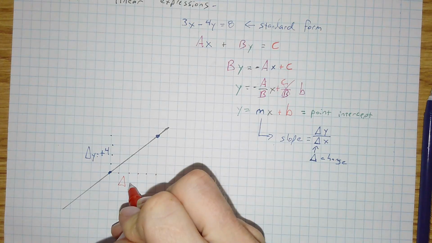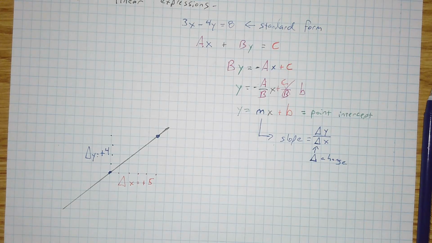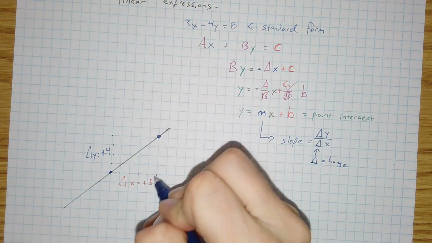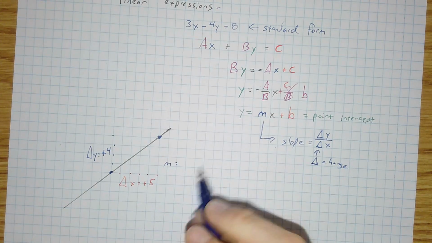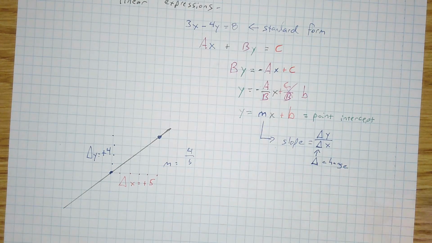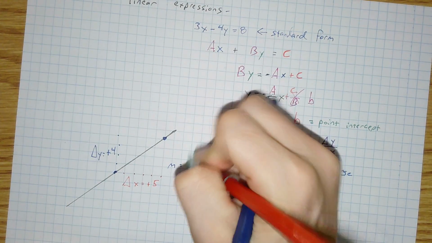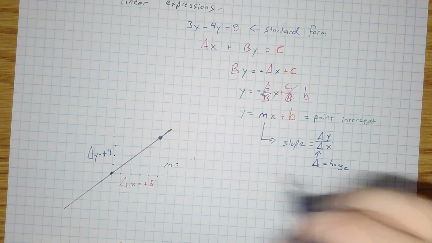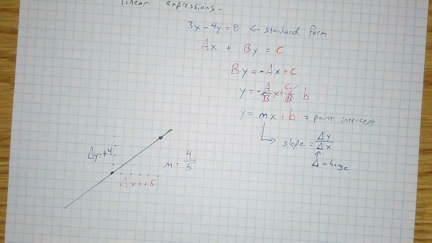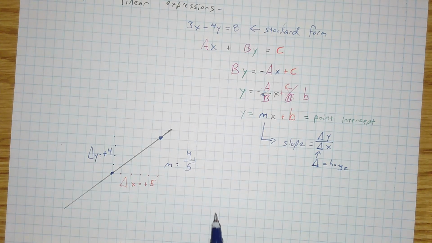My change in x is plus 5. So my slope, my m value, is 4/5. Oh, sorry, that's wrong. No, that's right. It's 4/5.